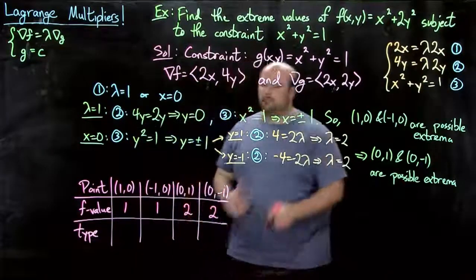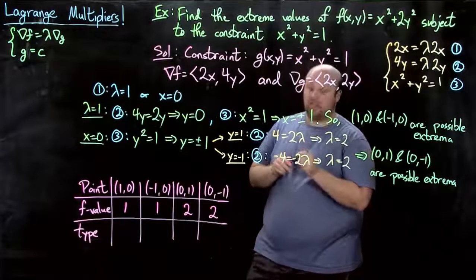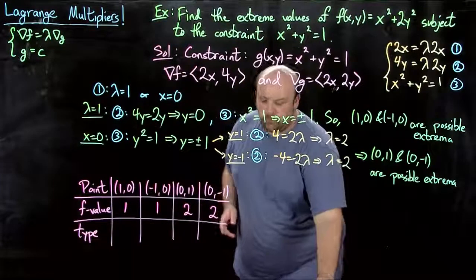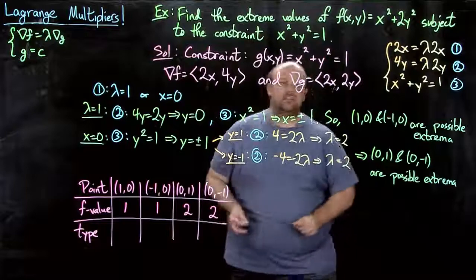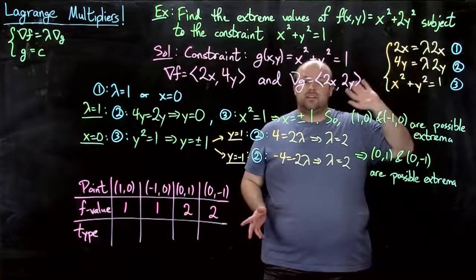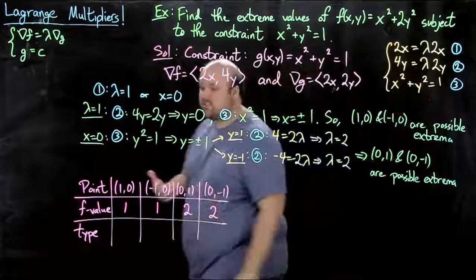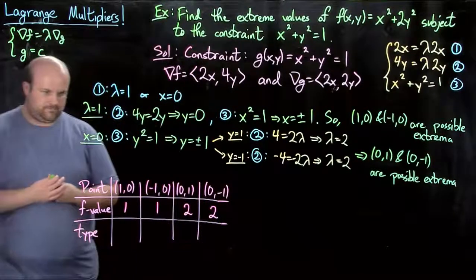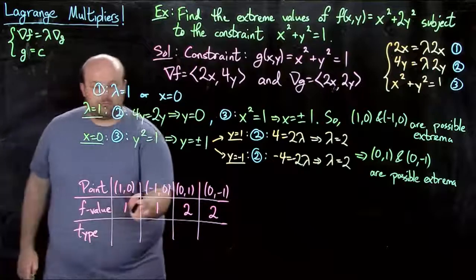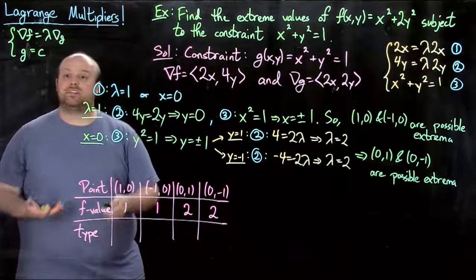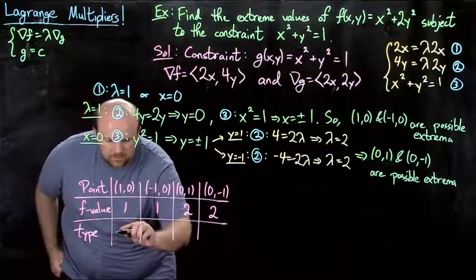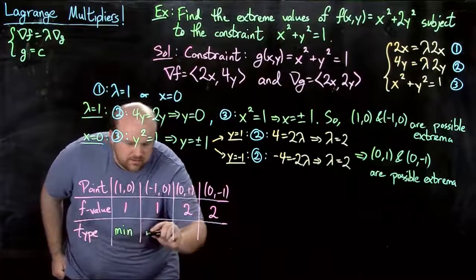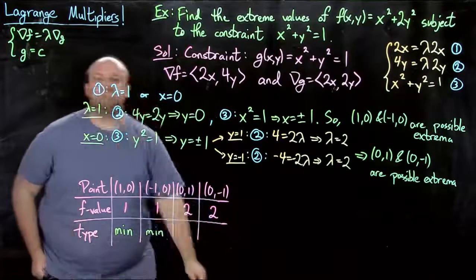All right? So now what we do is we look at this list of f values. The largest is the maximum. The smallest is the minimum. So we have a tie here for the smallest, so that means they're both minima. So it's a min and a min.